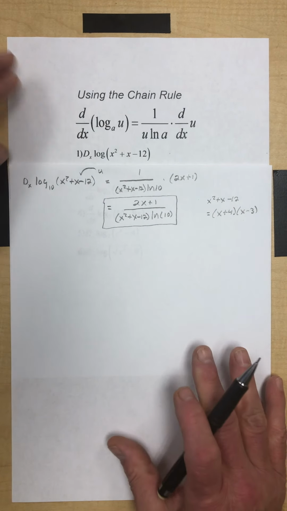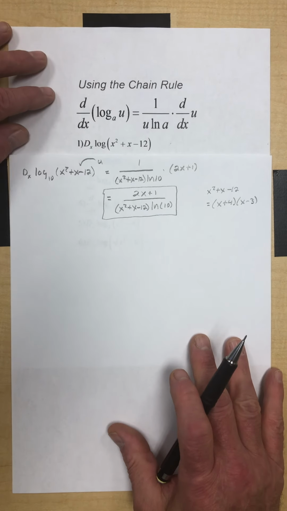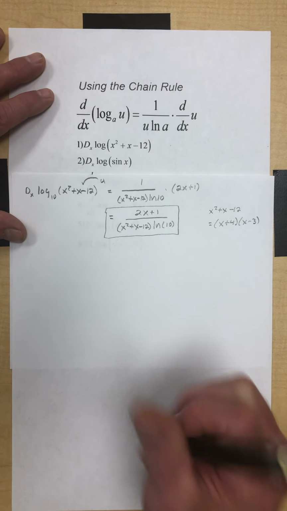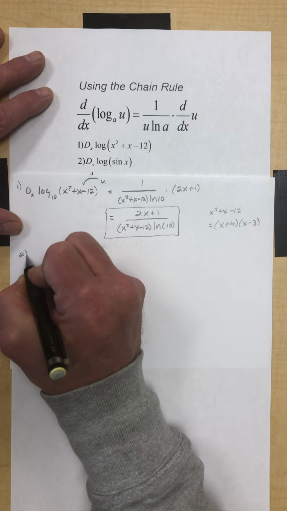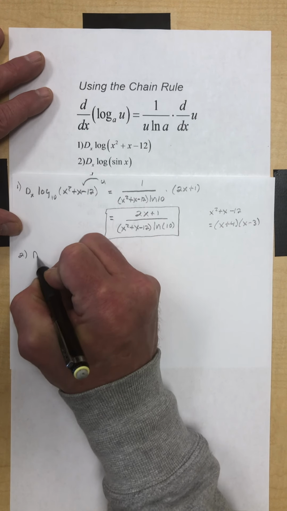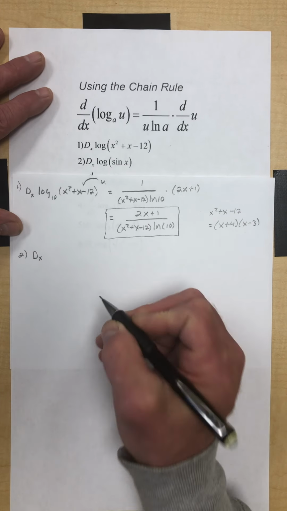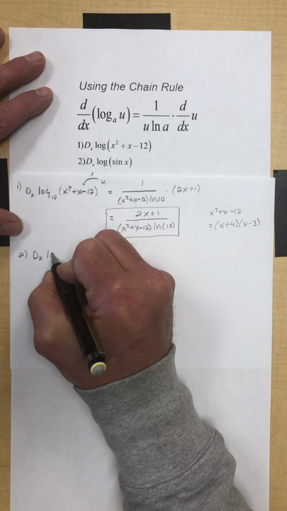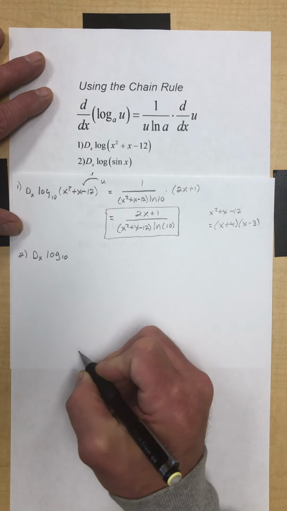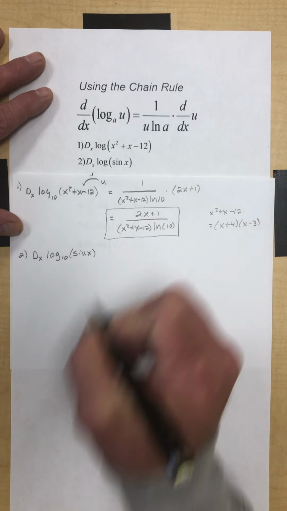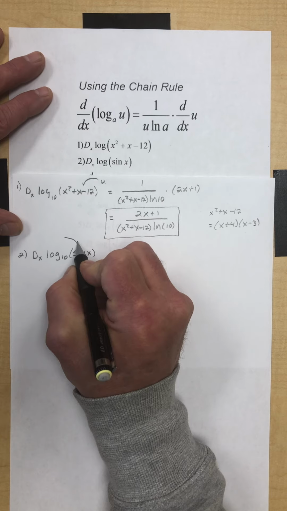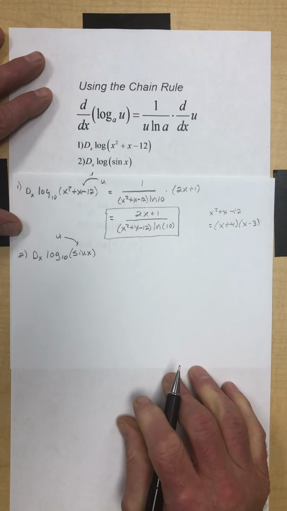It's just not necessary. Okay, so let's see what we got going on the second one. All right, that was number 1. Here we go on number 2. We've got the derivative, notice again, we're working with a common log. So it's log base 10 of sine of x. So again, this sine of x acts as our u.